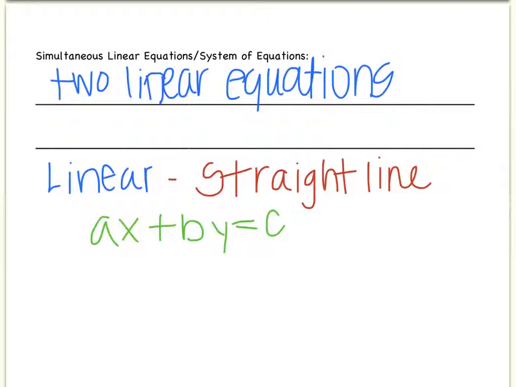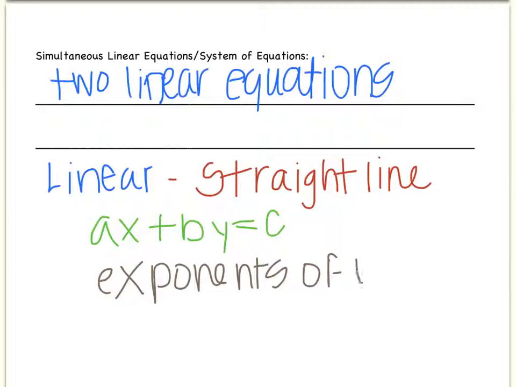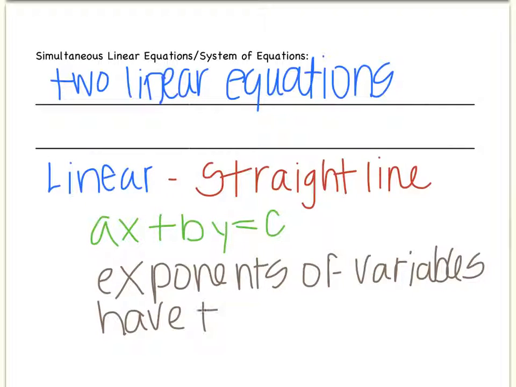And something that you may not remember about linear equations is that the exponents of the variables x and y can only be two numbers. The exponents of the variables have to be 0 or 1. So that's just a few things when we're talking about simultaneous linear equations.